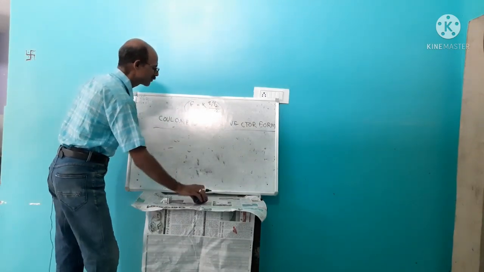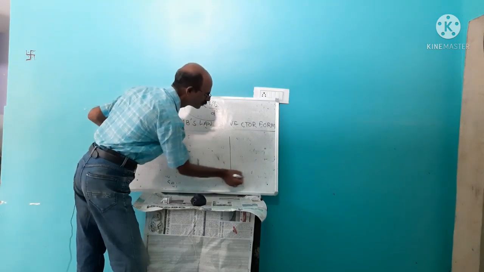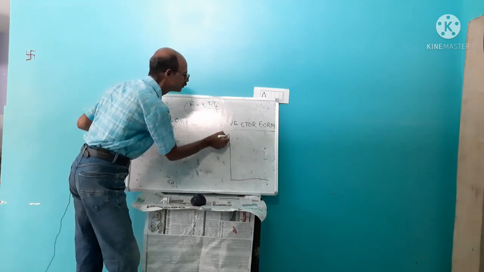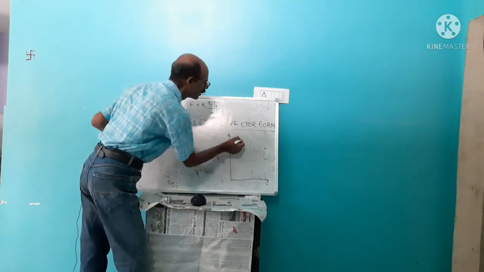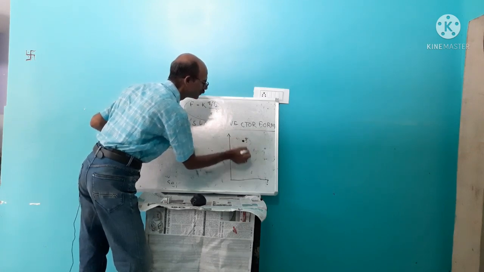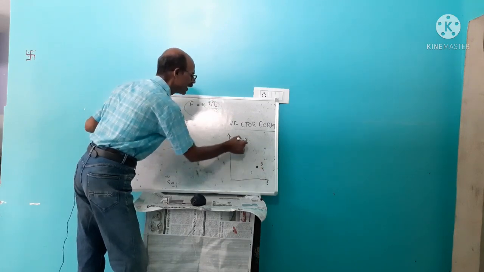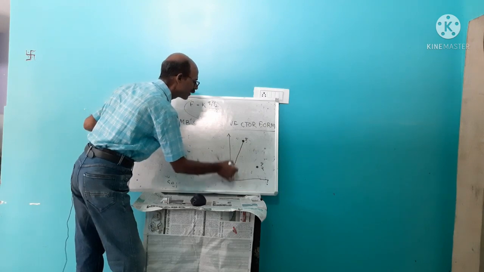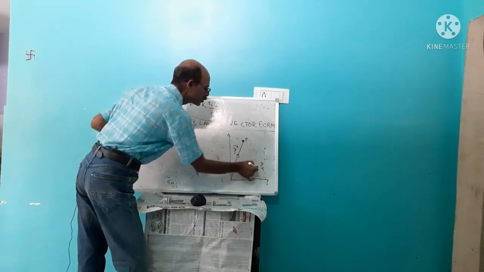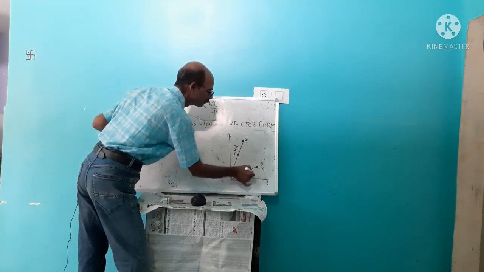To derive it in vector form, let us consider two charges. Suppose this is charge Q1 and this is charge Q2, and its position vector is R1 and the position vector for Q2 is R2.